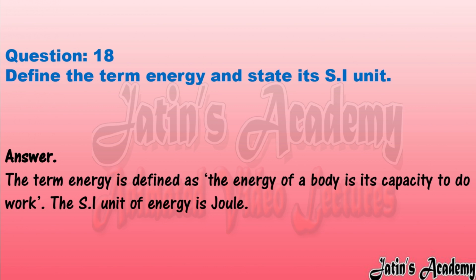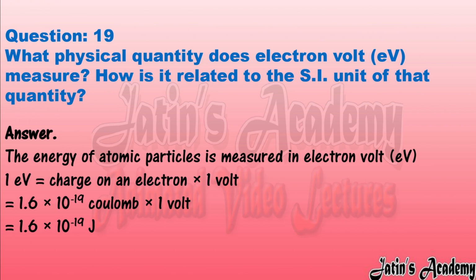Question 18. Define the term energy and state its SI unit. Answer. The energy of a body is its capacity to do work. The SI unit of energy is joule. Question 19. What physical quantity does electron volt measure? How is it related to the SI unit of that quantity?